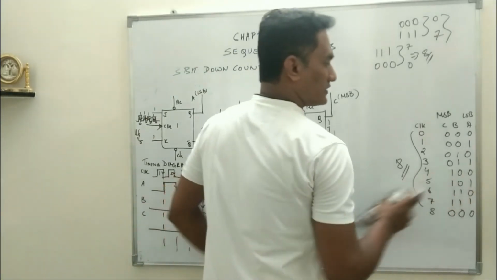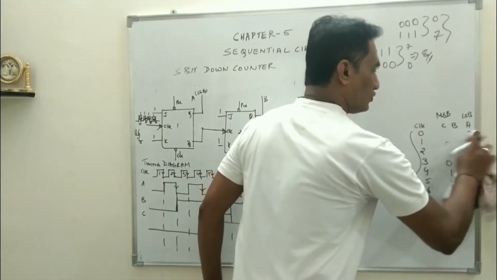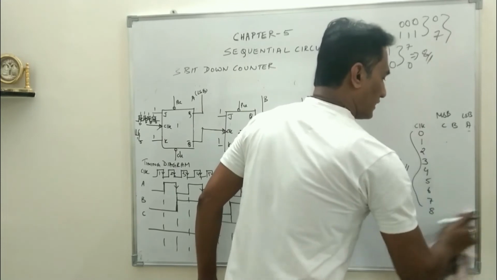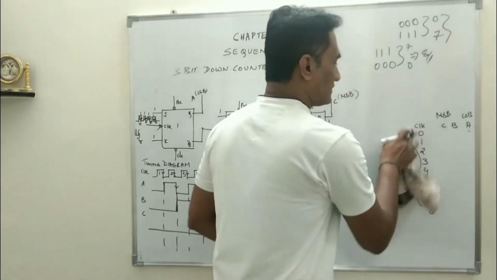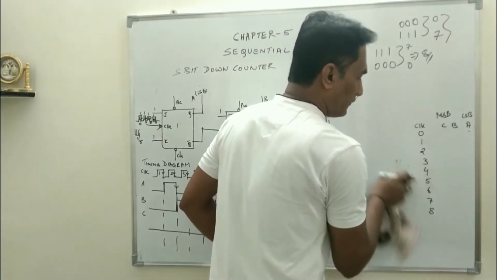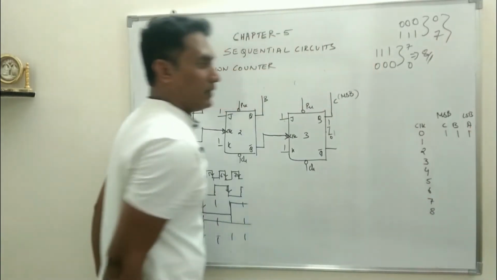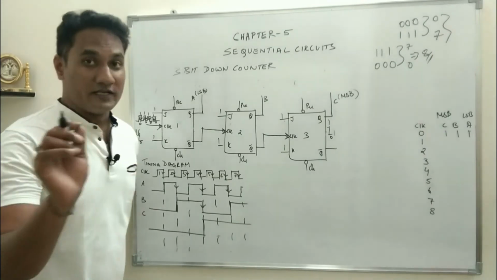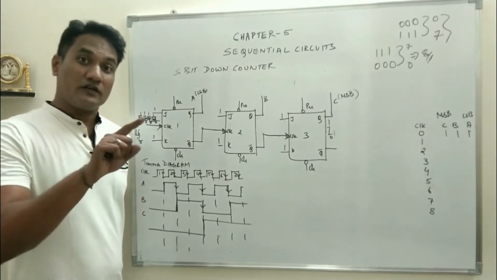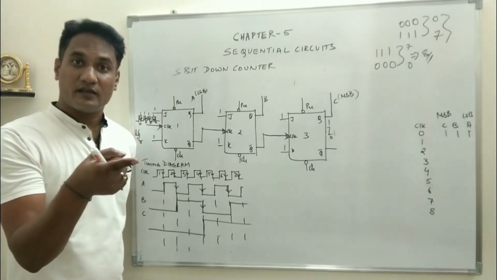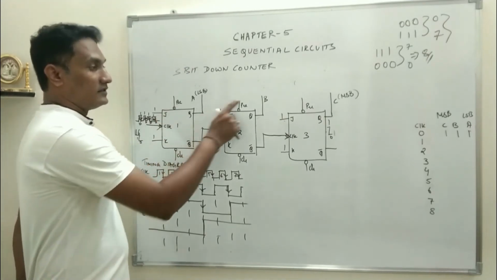Secondly, of course, while writing the truth table, the count should start from the 0th clock pulse. That means when no clock pulse is applied, the state should be 111. Now remember, a very important thing: without giving a clock pulse the output should be set. For that we have the preset terminal.